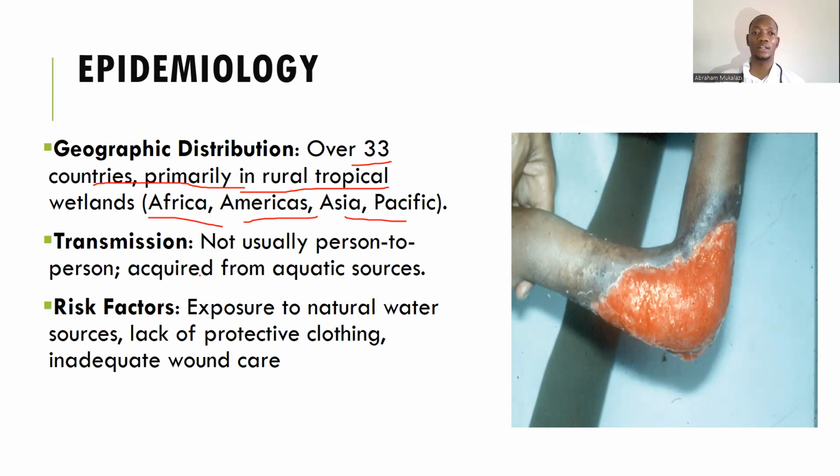Transmission is not usually well understood, but sometimes it is person to person, and it can also be acquired from aquatic sources, like water and soils, because this bacteria coexists with us in the environment. Risk factors include exposure to natural water sources, lack of protective clothing, and inadequate wound care.